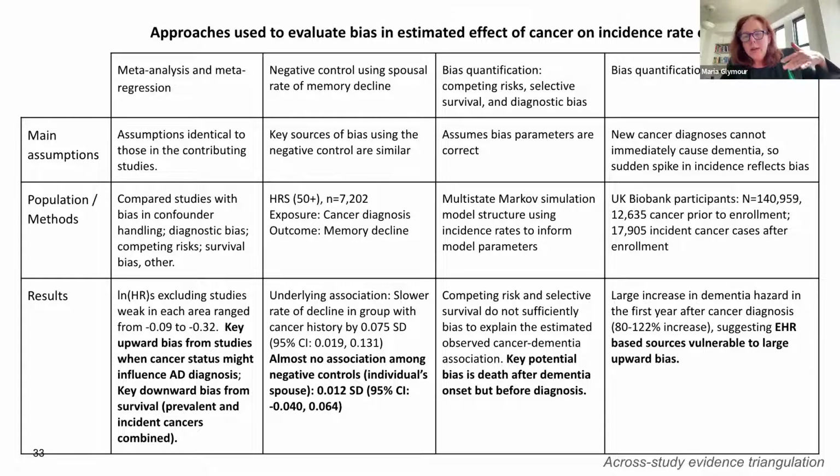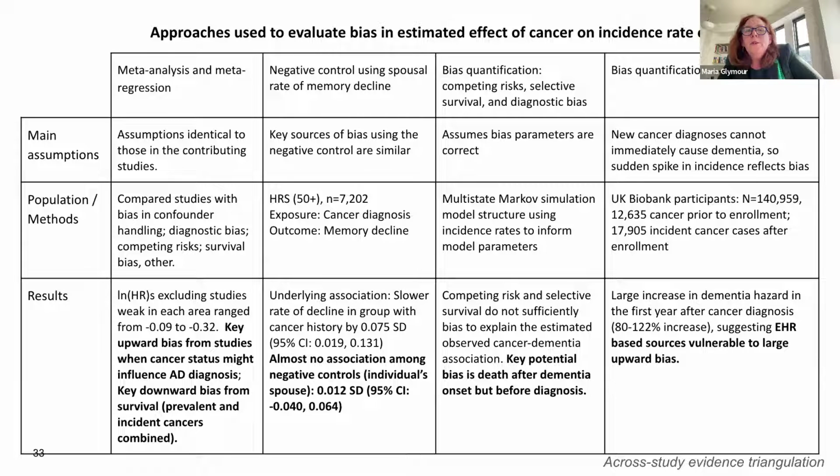The key downward bias, making studies look more beneficial, was from survival bias, for example, when prevalent and incident cancers were combined. We also tried a negative control approach using spousal rate of memory decline as it related to the other spouse's cancer history, and found almost no association with the negative controls. So that was a little bit encouraging, using the spouse's trajectory as a negative control.